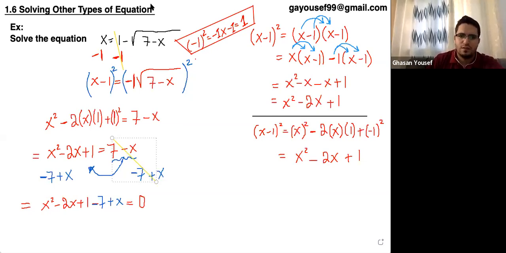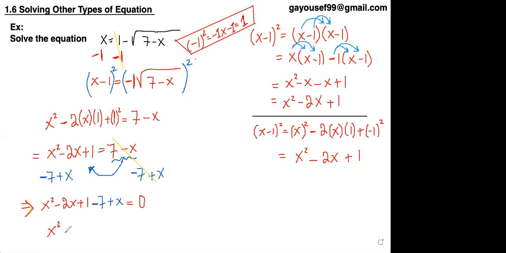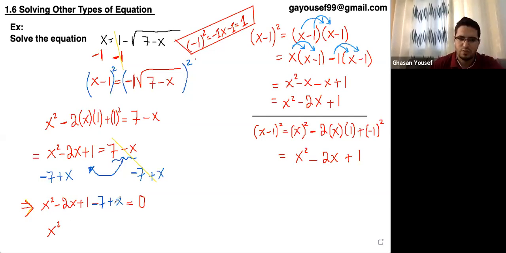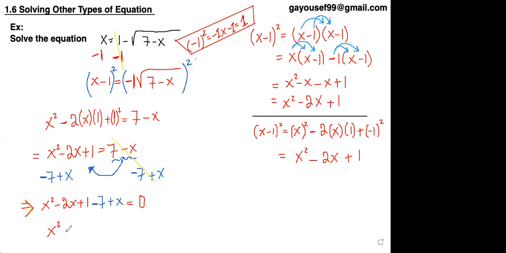Now I need to simplify this more. I have x squared, minus 2x plus x is minus x, because minus 2 plus 1 is negative 1.